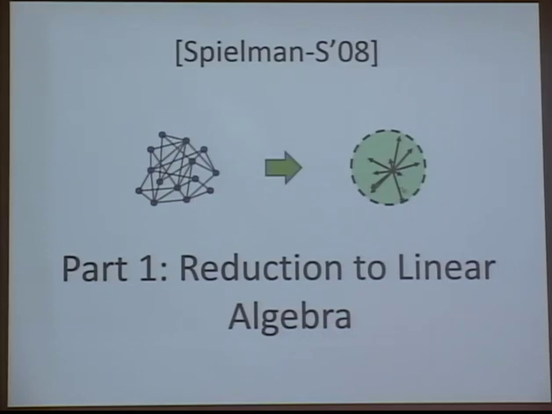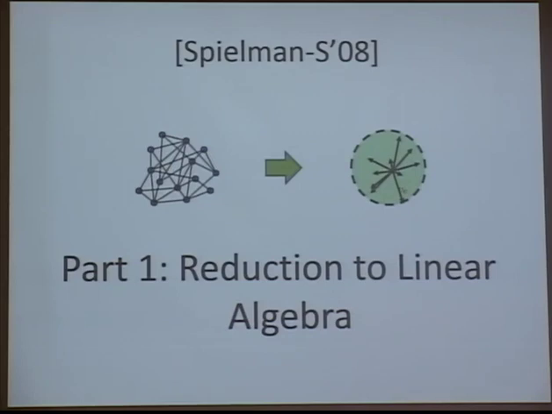Then I'm going to show you how this linear algebra problem is solved essentially immediately by the matrix Chernoff bounds, which Joel talked about a couple of weeks ago. And then I'm going to show you how to do it quickly, and in the end I'm going to talk about a result of Kelner and Levin, which shows you how to do it in one pass in a streaming algorithm, but not dynamic as Andrew talked about, just a semi-streaming model.